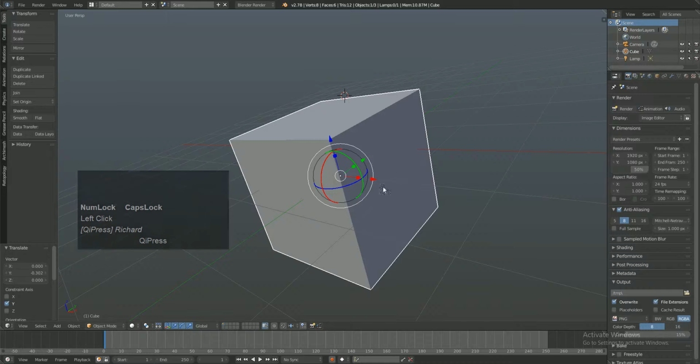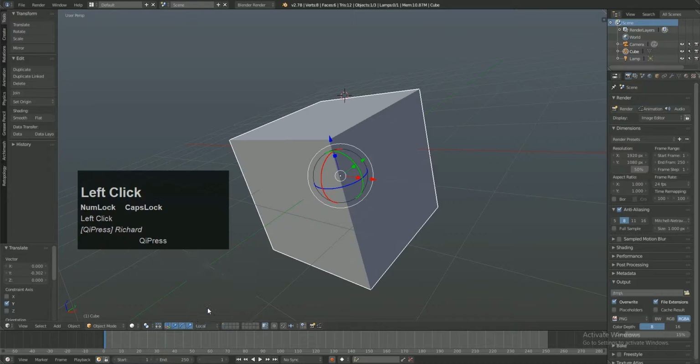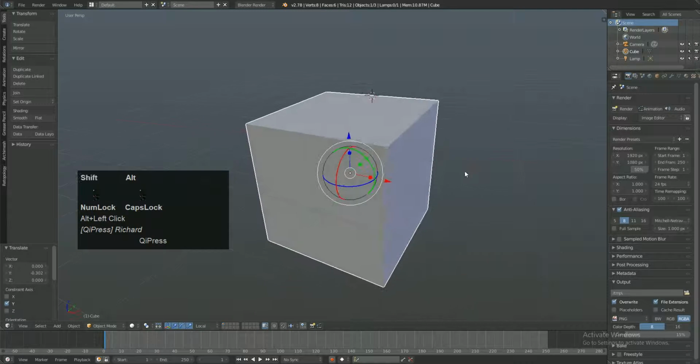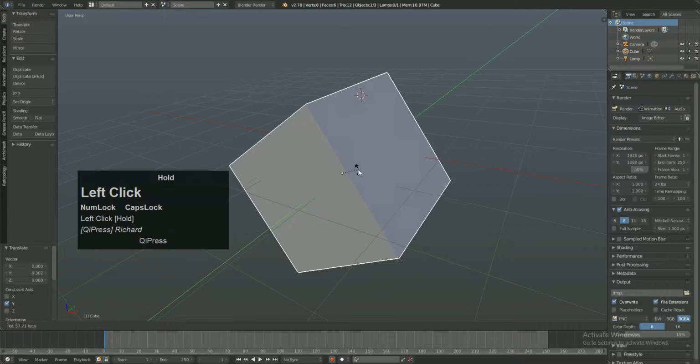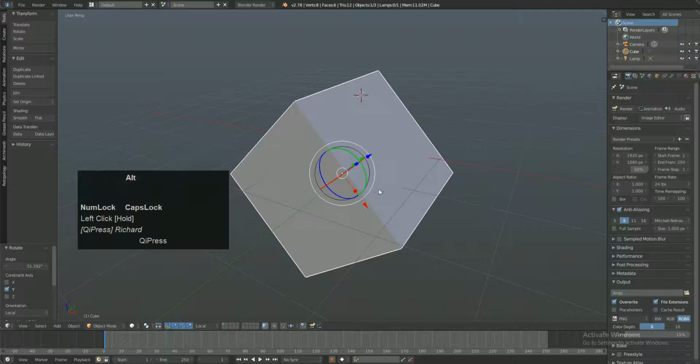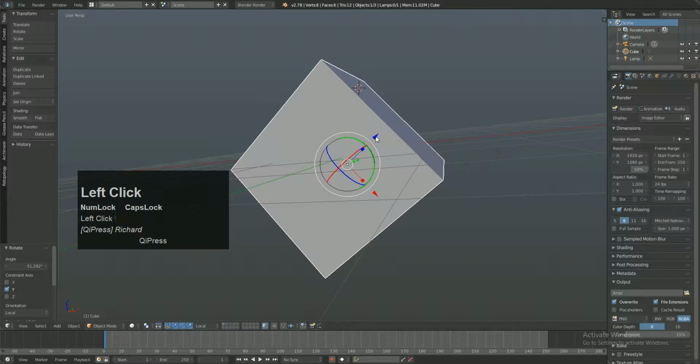All right, so now the next one down or up in this list is local. So what local means is, again, I'm sorry for the pros out there, if you rotate something, now you have changed what up and down is.